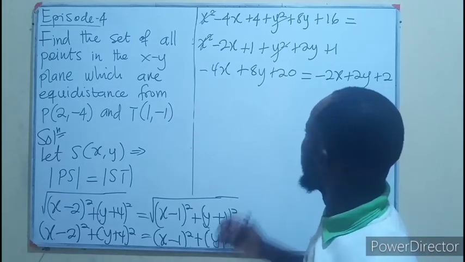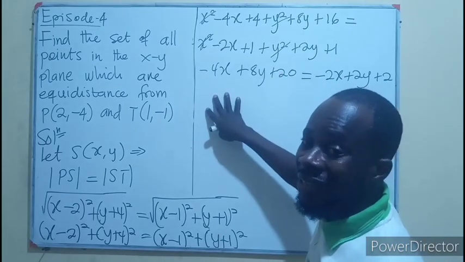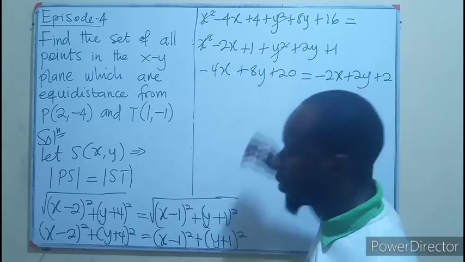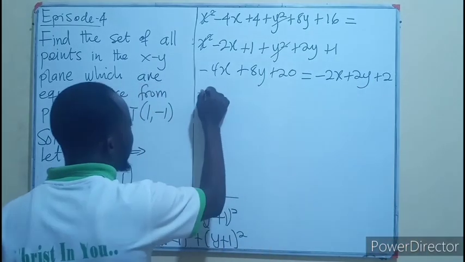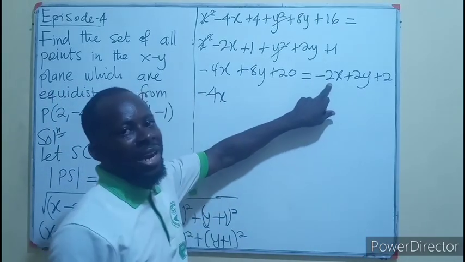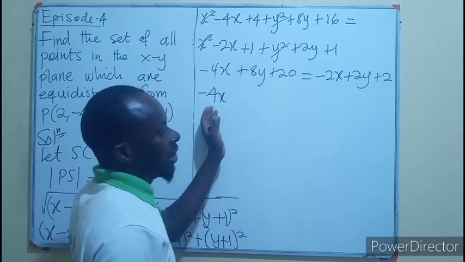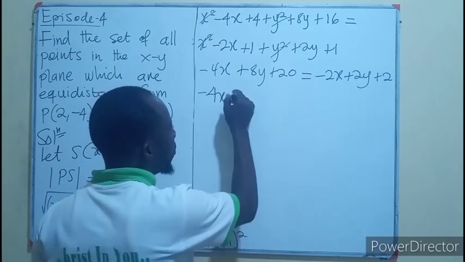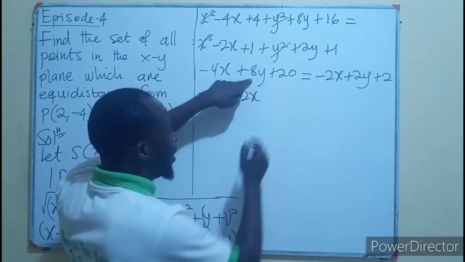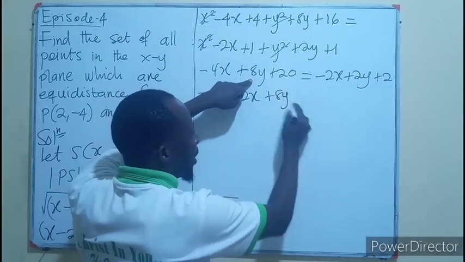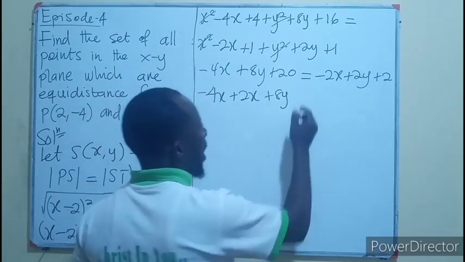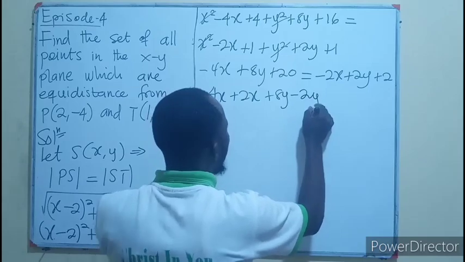So now let's transpose all to this side since they are all like terms: x, x, y, constant. So we are going to have minus 4x, transposing a negative 2x to the other side becomes a positive, so plus 2x. Then we maintain our 8y. We now transpose a positive 2y to the left, it becomes negative 2y.